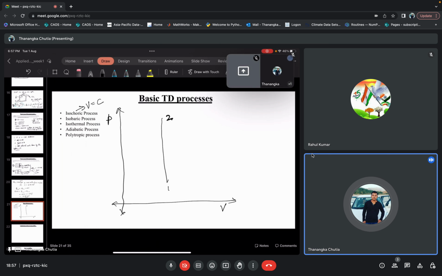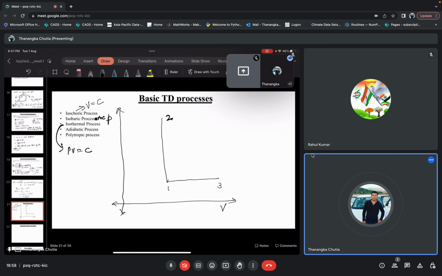Next, how do you depict an isobaric process? An isobaric process is nothing but P equals constant. So 1 to 3 is an isobaric process. Next is the isothermal process. For an isothermal process, PV equals constant.